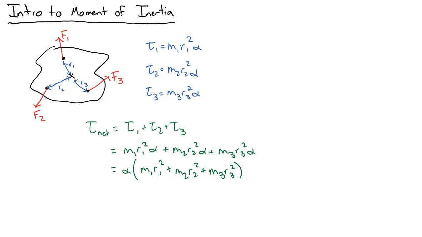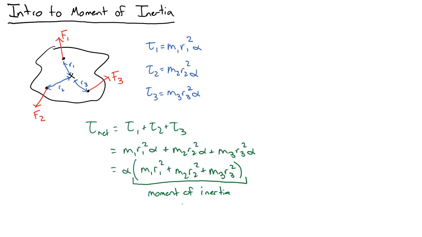So what happens is when we sum all of these up, we get this quantity here, which ends up being a constant. And this constant that we have is what we call the moment of inertia.